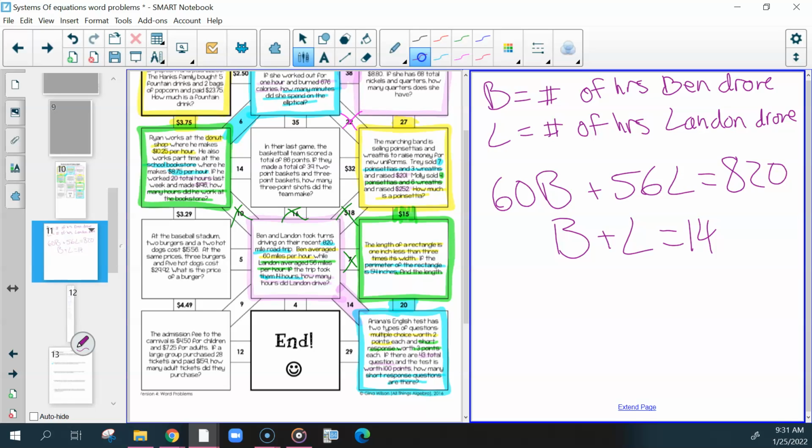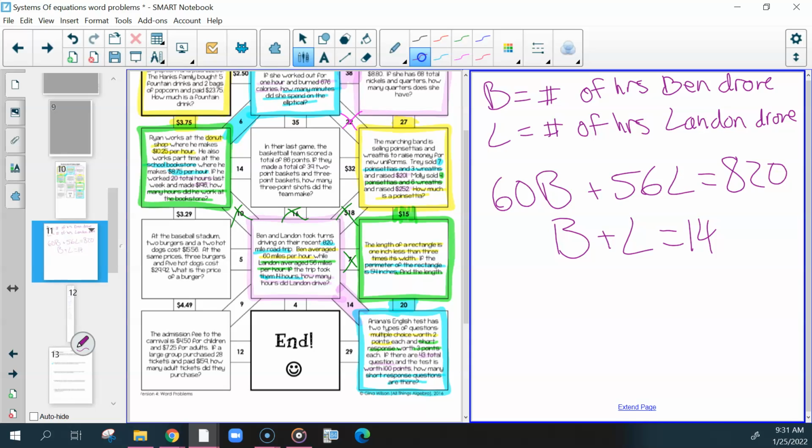Who wants to solve this by elimination? 1, 2, 3, 4, 5, 6. Substitution. You only vote once. I changed my mind. Okay. Scrapping. 1, 2, 3. Elimination 1.